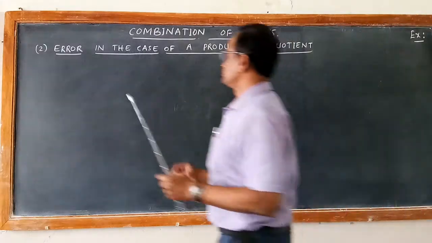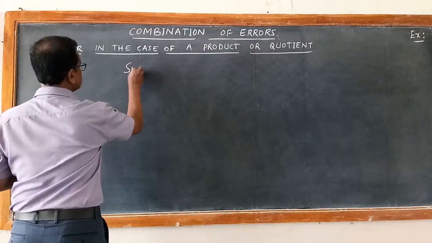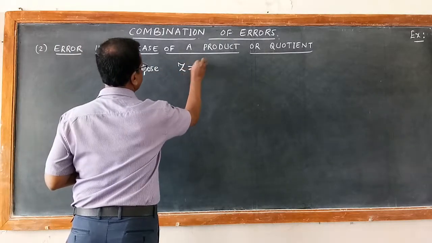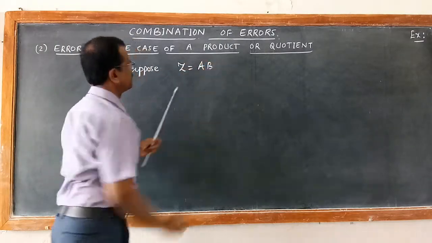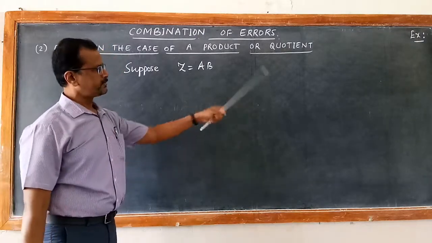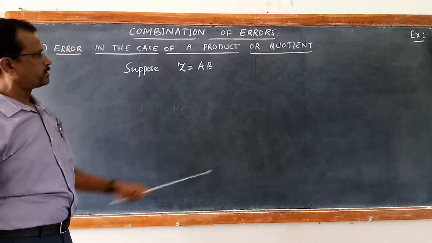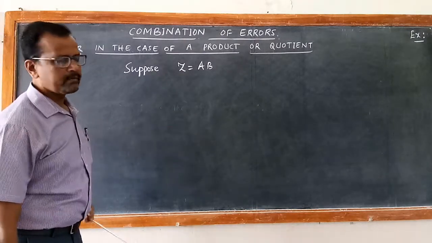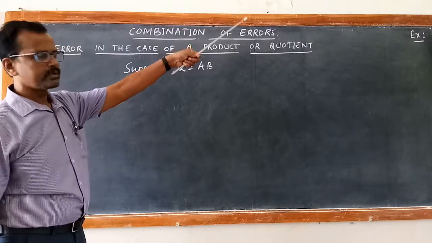Suppose Z is equal to AB, A into B, like the area of a rectangular board, which is length into breadth. Then the length will also have absolute error, and breadth will also have absolute error.